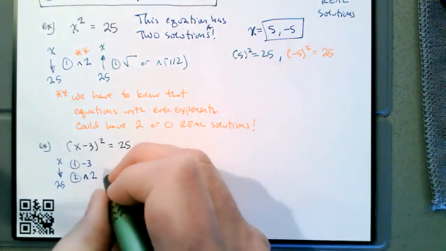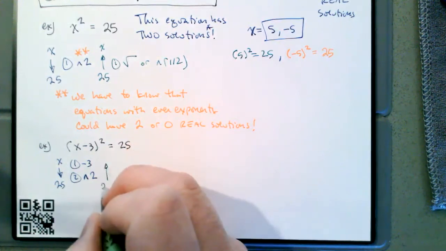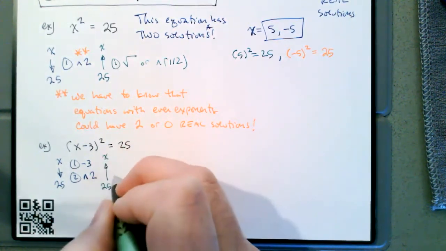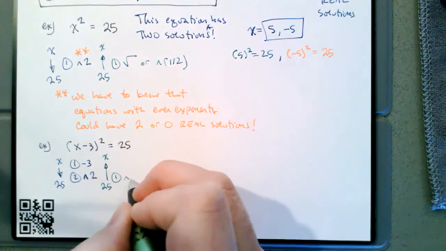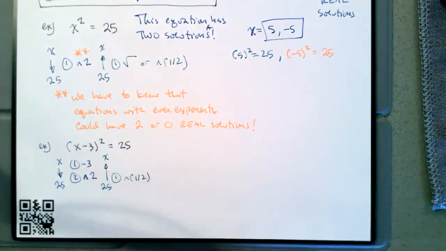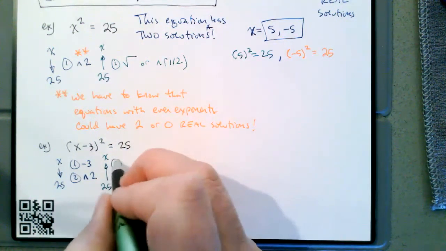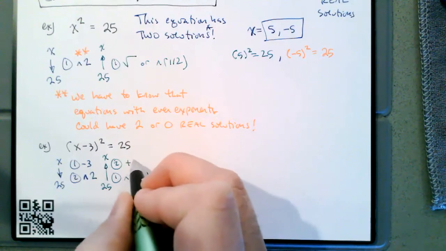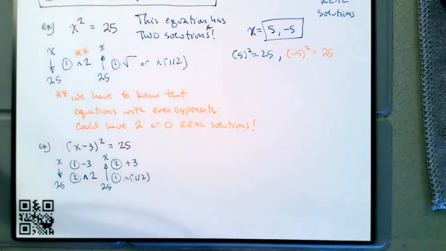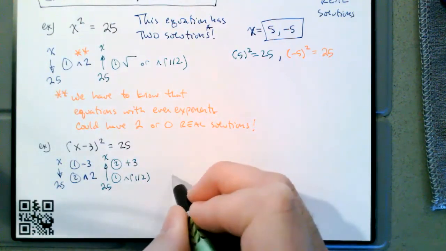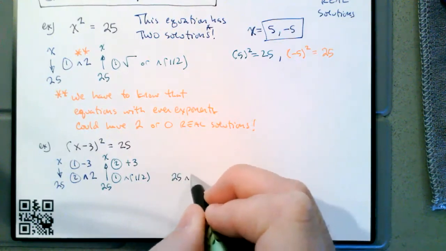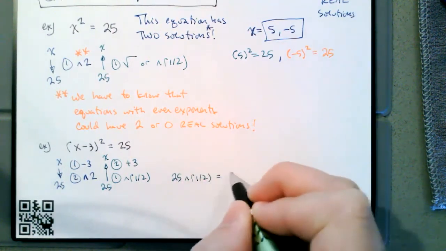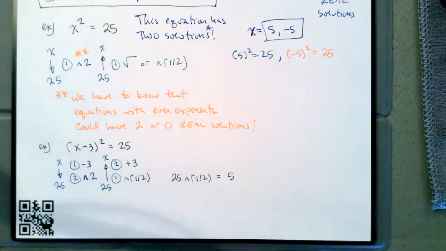So when we go to solve, to turn a 25 back into an x, first we do a 1/2 power. And this is where we say 2 solutions are going to show up. And then we have 2 numbers that we have to add 3 to. So I take 25 and raise it to the 1/2 power, and that gets 5 and -5.